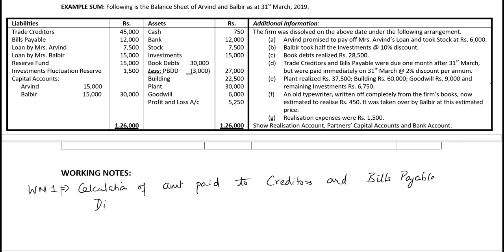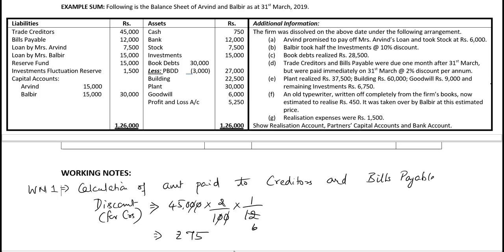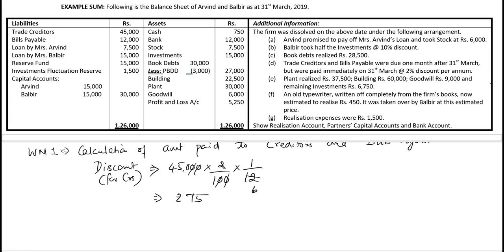Discount for creditors. The amount of creditors book value is 45,000 rupees. The rate of discount is 2% per annum. And it's not a flat rate, it says per annum. So we'll find out the discount for 1 month. ₹75 is the discount for creditors, 1 month's discount.